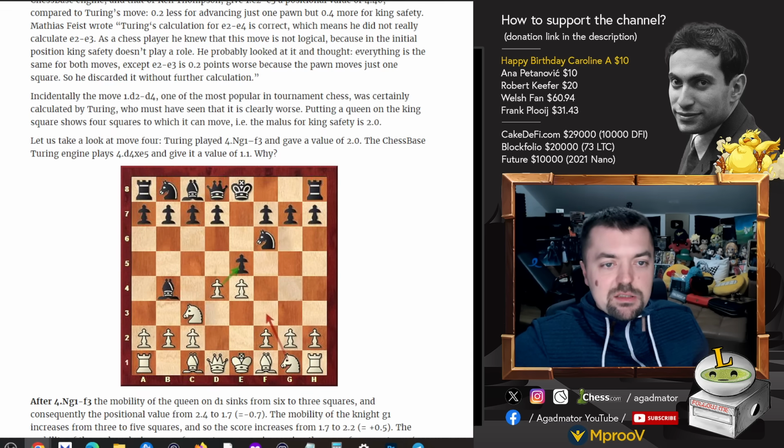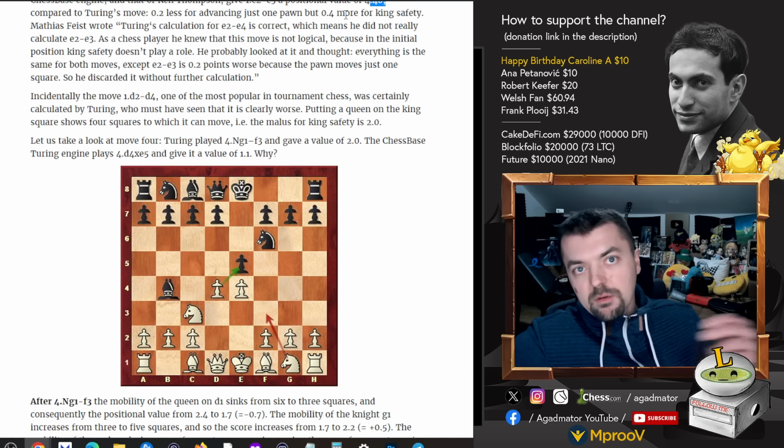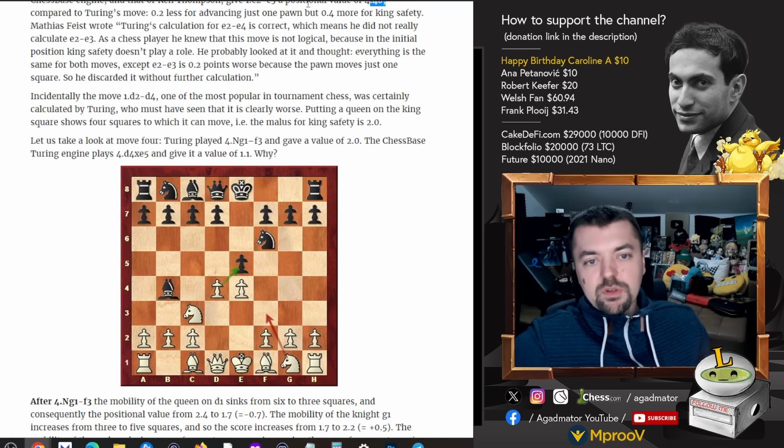In his game score, Turing gives 4.2 points for the move he played, 1 e4, and adds an asterisk to the value, which indicates that every other move has a lower positional play value. The chess-based engine and that of Ken Thompson give e2 to e3 a positional value of 4.4. So Turing's move 1 e4 gets 4.2 points, whereas e3 gets 4.4 points, but it seems that Turing just disregarded the move, thinking, obviously, he was a chess player and he knew how to play chess.